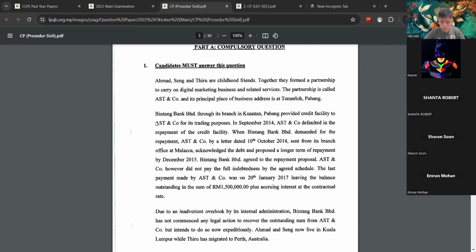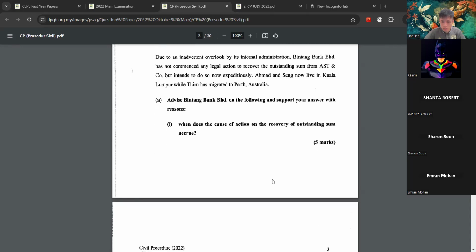But in December 2015, AST sent a proposal, and Bintang Bank agreed to the longer repayment proposal. And now the main course of action is on 20th January. So this 5 marks question is not that easy to answer.